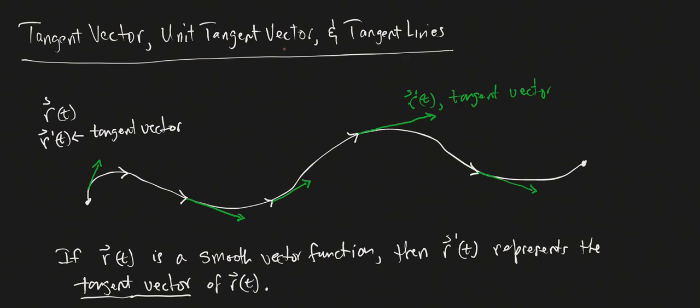Now, what do we know about the unit tangent vector? Well, we know what it means for a vector to be a unit vector. It has to have a magnitude 1, right? Now, clearly, all of these green vectors can't have a magnitude of 1 because some are longer than others, some are shorter than others, and it all depends on, obviously, the function r and at what point we are on the graph of r.